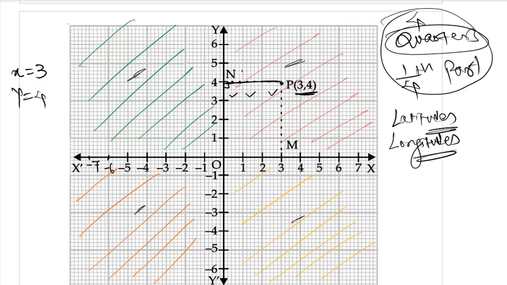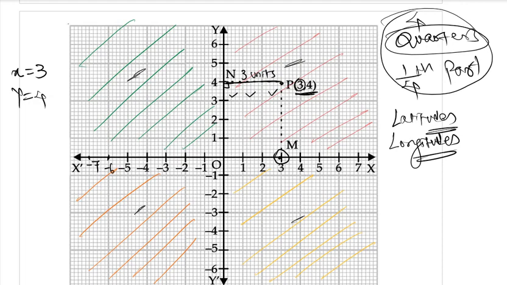So this distance is nothing but 3 units. And that is why the x coordinate is 3. So x is nothing but the perpendicular distance from y-axis. And you can also say it here. If you see on x-axis, where does this point lie with respect to a number on x-axis? It lies right above the number 3. So its x coordinate is number 3.